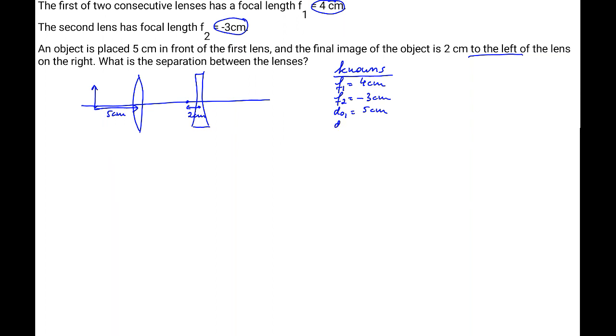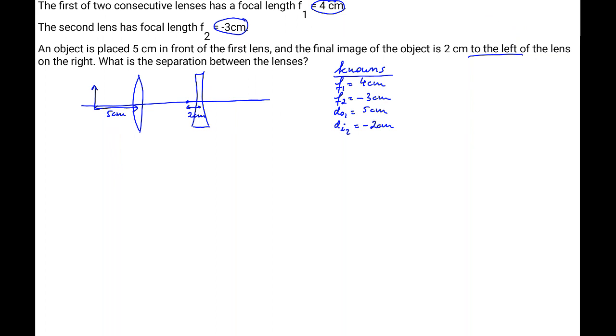So DI2 is negative 2 centimeters. Remember that with lenses, we expect light to come from the left and form an image on the right. That means that we're going to assume that positive distances are on the left of the lens and positive distances for images should be on the right of the lens. Well, for this one, we're told that the image is 2 centimeters to the left, so that makes the image distance negative.